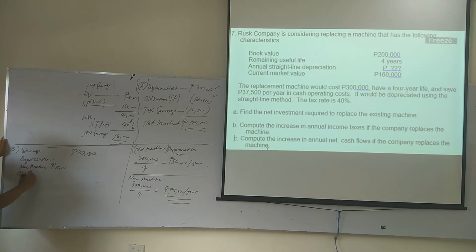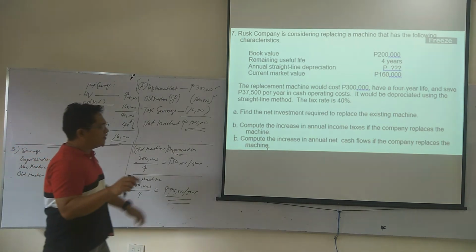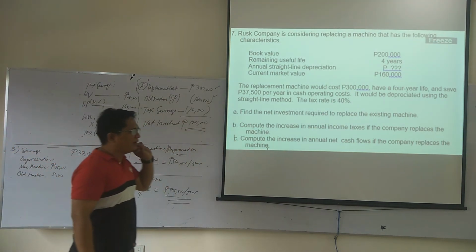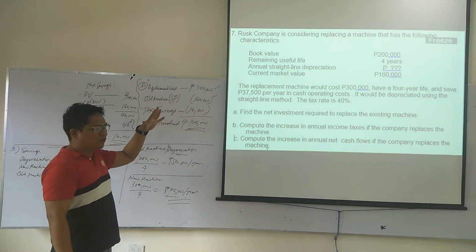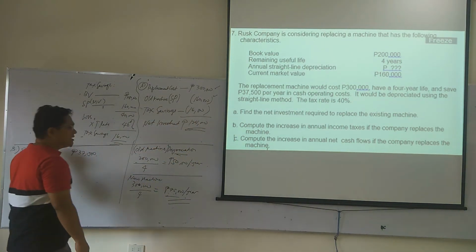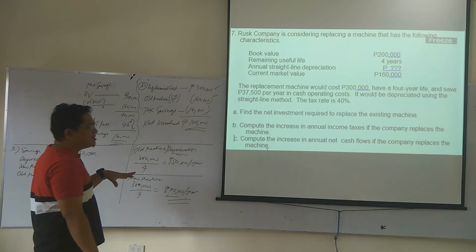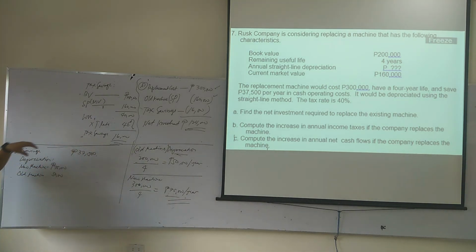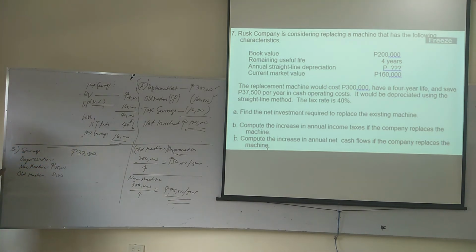The old machine's depreciation is 50,000. Again, we are looking for the increase in annual income taxes. To get it, we will solve for the increase in income, which comes from the savings minus the depreciation.